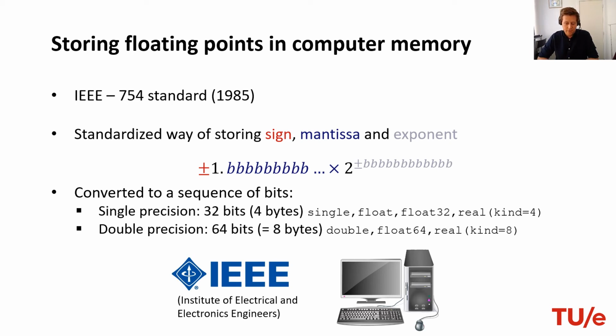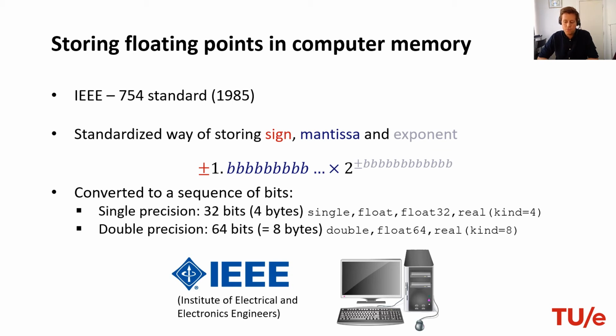And in different programming languages, they all support these different types of precision for floating point numbers, and you can find them in various names. For instance, the C language uses float or single for single precision.